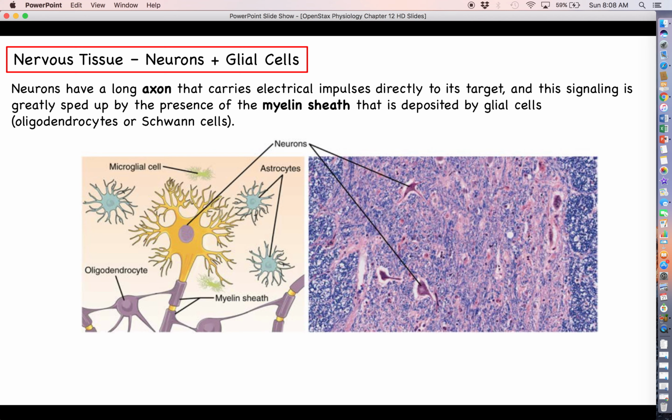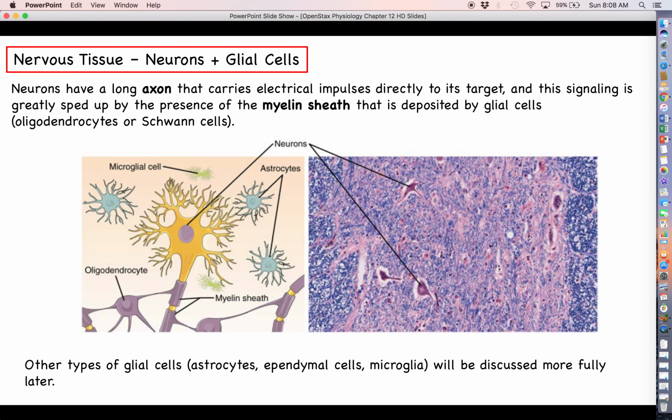This myelin sheath is laid down by, and is actually a part of, two different types of glial cells: oligodendrocytes, if you are talking about the central nervous system, and the same thing is done in the peripheral nervous system by a different type of cell called a Schwann cell. In this picture here, since this is labeled as an oligodendrocyte, this tells us that this neuron must be in the central nervous system.